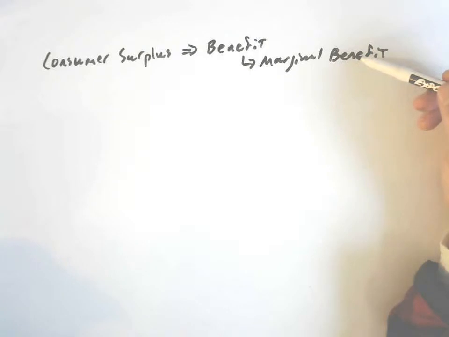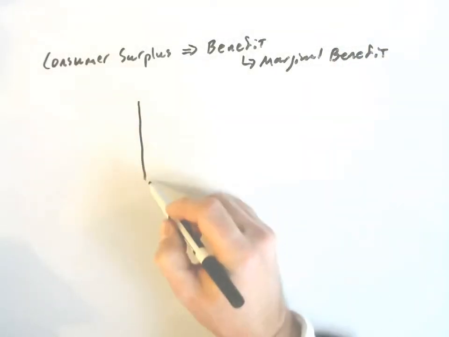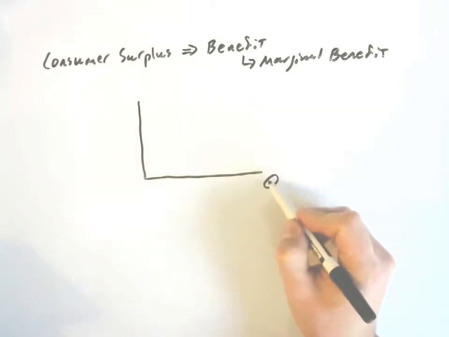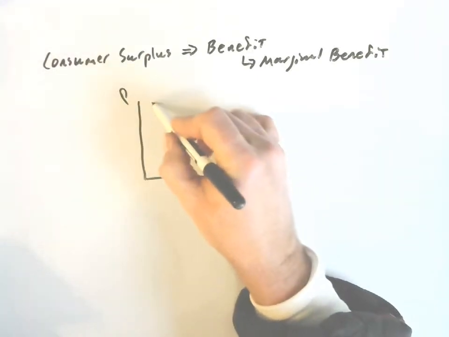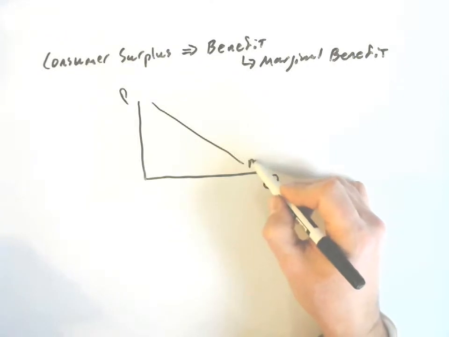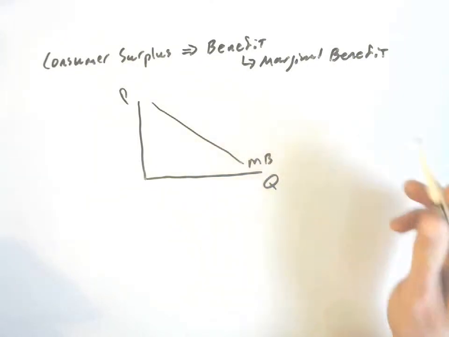I get a lot of benefit out of the consumption of my first candy bar, but if I consume a second one, I still may get benefit from it, but it's probably not as much as the first. And if I consume a third one, I'm probably getting less benefit out of that third one than I did the second one, which was less than I got out of the first one, etc. So if I were to graph marginal benefit, it would be downward sloping over Q.